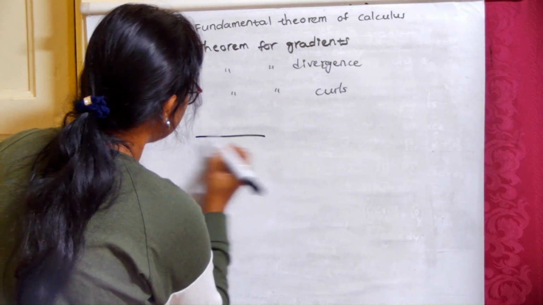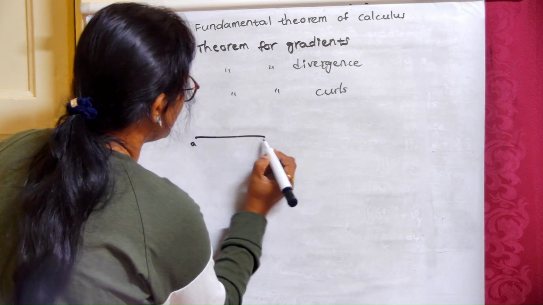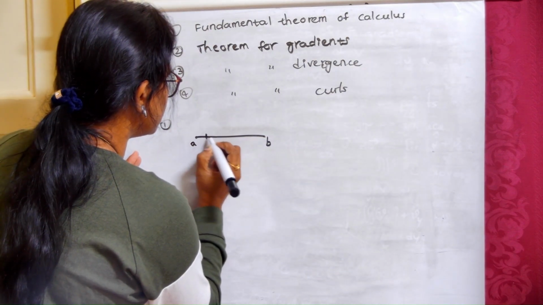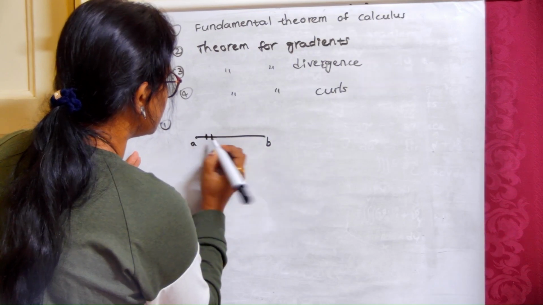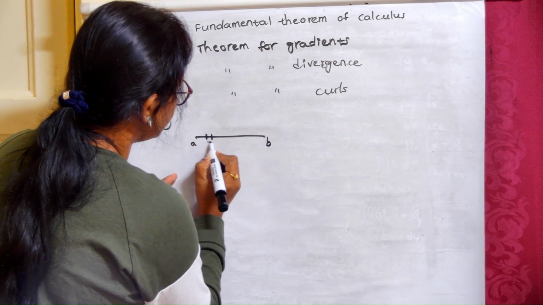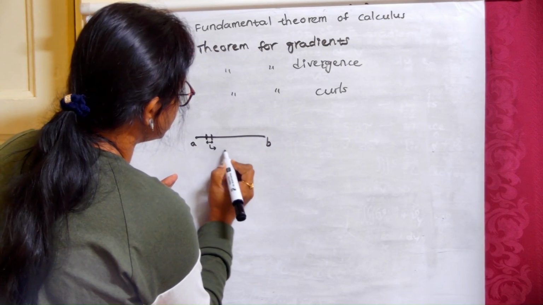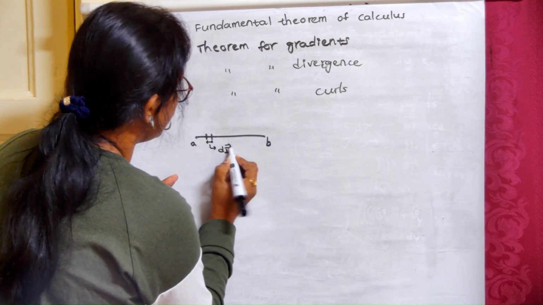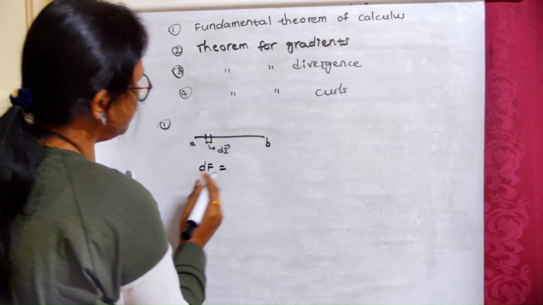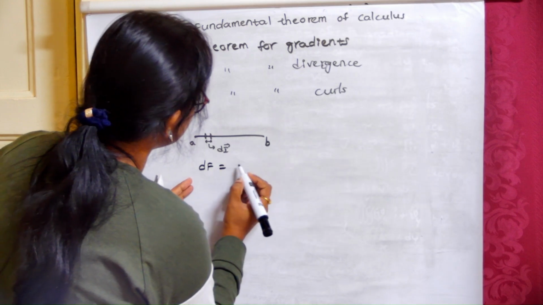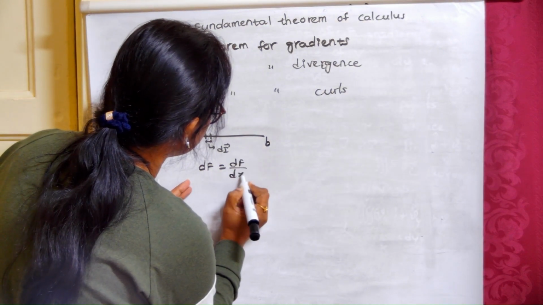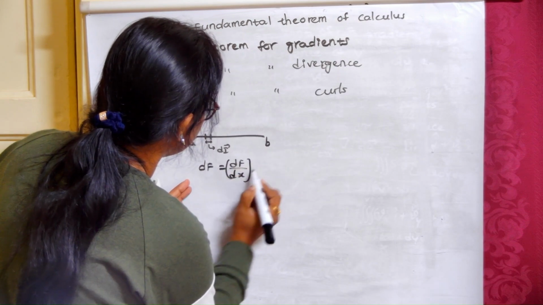If we have a path that is starting from point A to point B, and to know the value of the function through an infinitesimally small displacement vector dl, the derivative of f can be written as df by dx into dx.